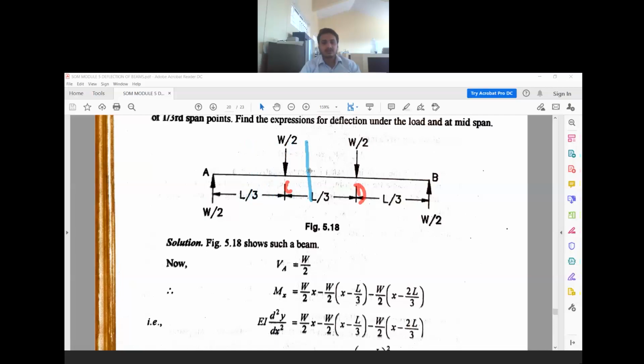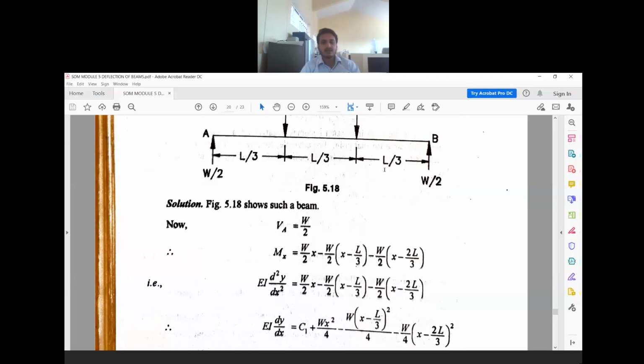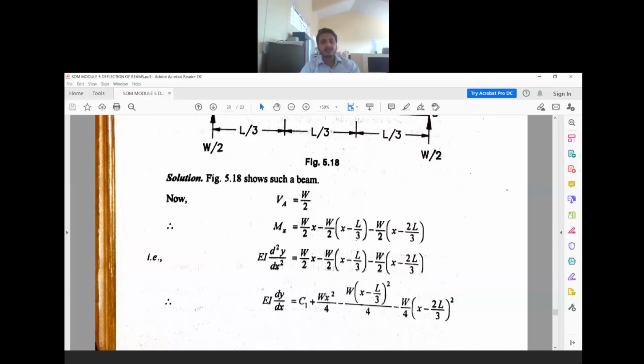Then when the section is in between C and D, you have to calculate the moment equation. And the section which is in between D and B, you have to calculate the equation, and you have to get the generalized equation. After getting the generalized equation, substitute that Mx value in the differential equation of deflection.